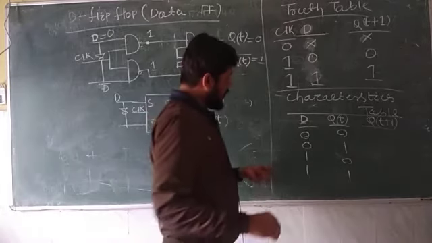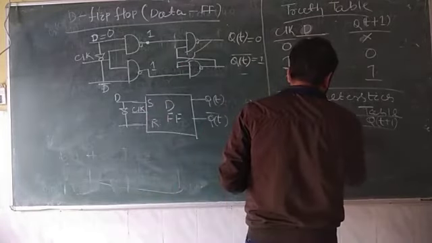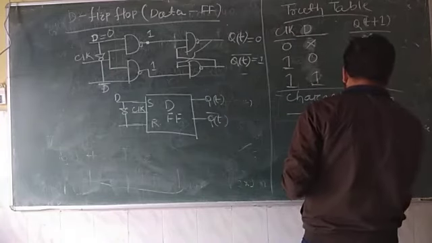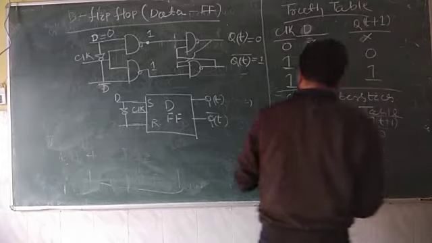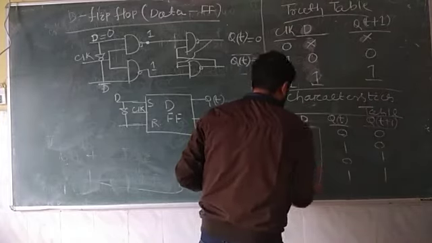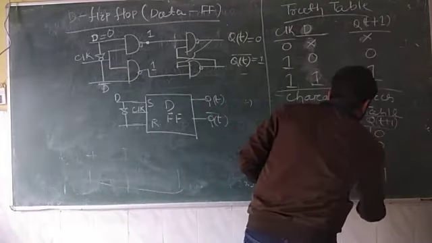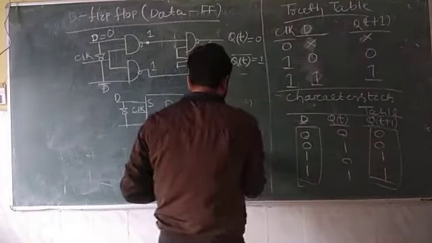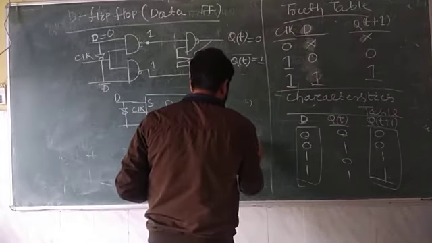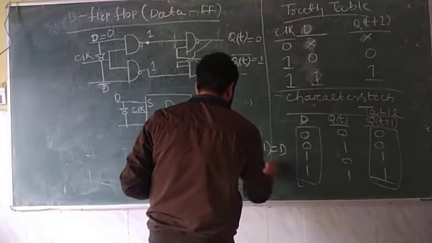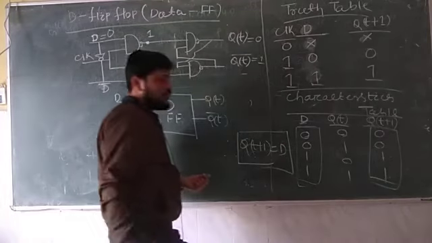Whatever the previous state, your output is going to be equal to D. QT plus 1 is 0 0 1 1. Whatever may be here, you are going to get the next state same as D. Hence the characteristic equation is QT plus 1 is equal to D.